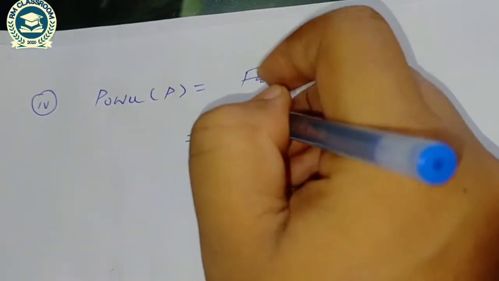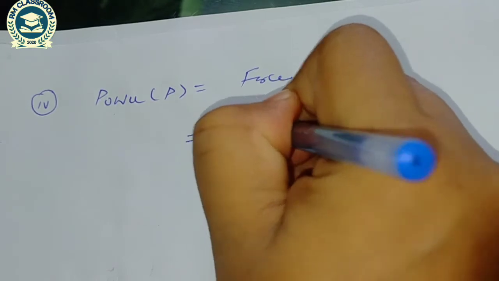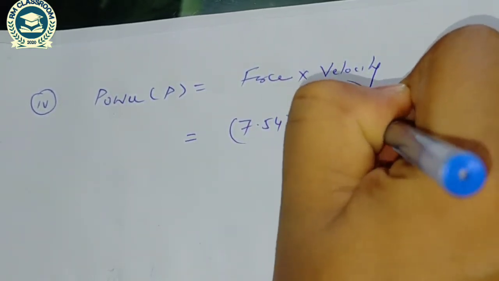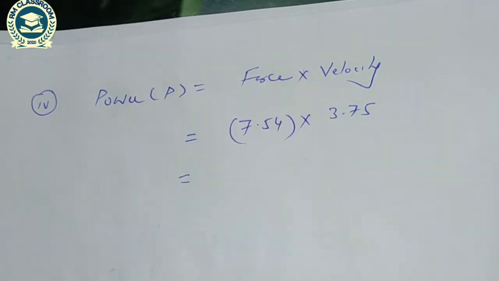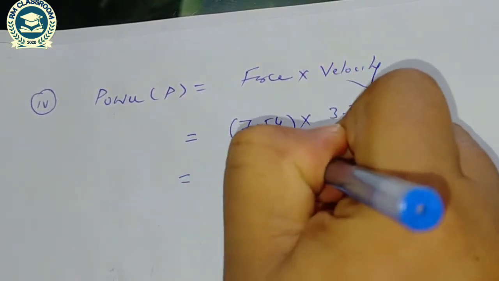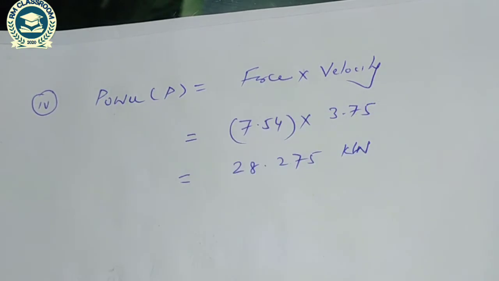So force is, we have computed 7.54 kilonewton into average velocity is 3.75 meter per second. So the power is 28.275 kilowatt is the power.